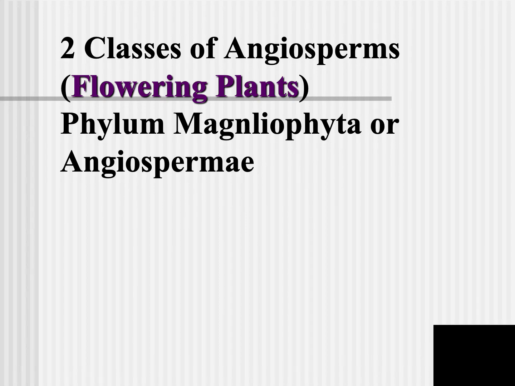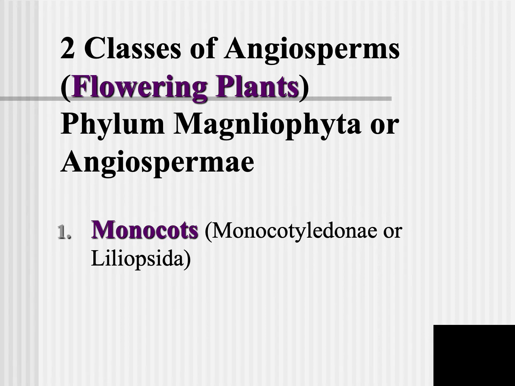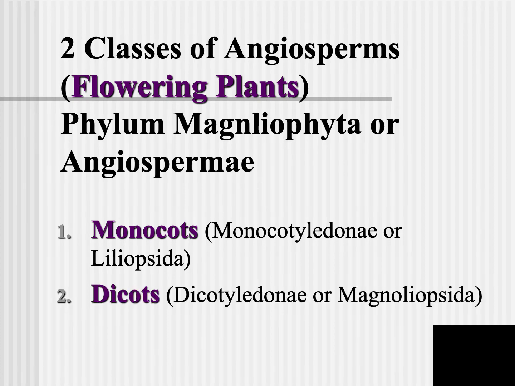Depending on how classification is going, sometimes it is referred to, or they are referred to, as the Magnoliophyta or the Angiospermae. There are two groups, the Monocots, the Monocotyledonidae, or the Liliopsida, sometimes they're called, or the Dicots, the Dicotyledonidae, or the Magnoliopsida.